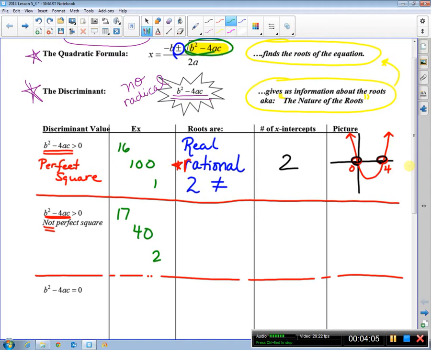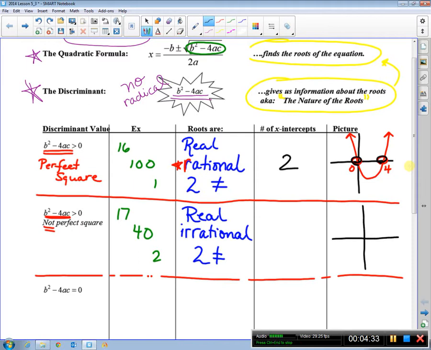Well, if that's the case, then let's look up here at our quadratic formula. The radical does not simplify. So we're left with a radical in our answer. They're still real, but now they're irrational. There's still 2 of them, and they are still unequal.